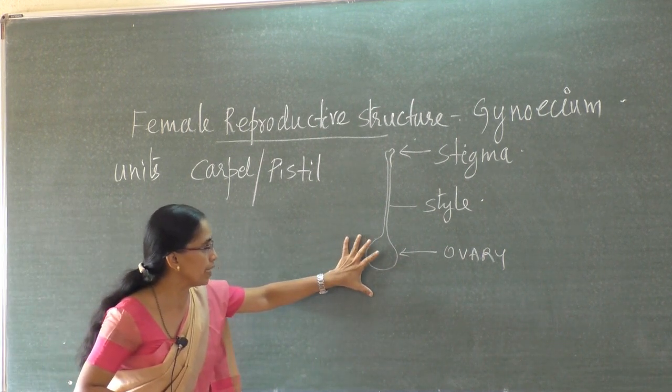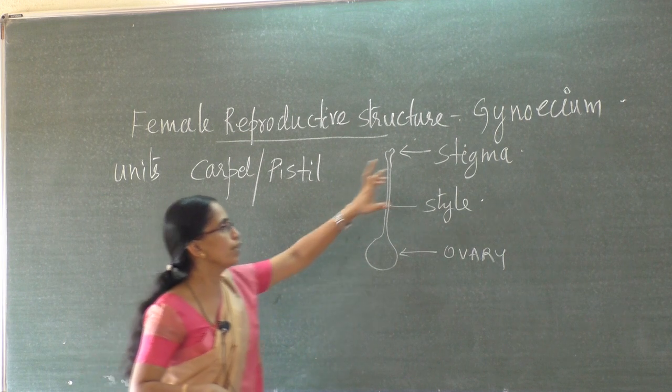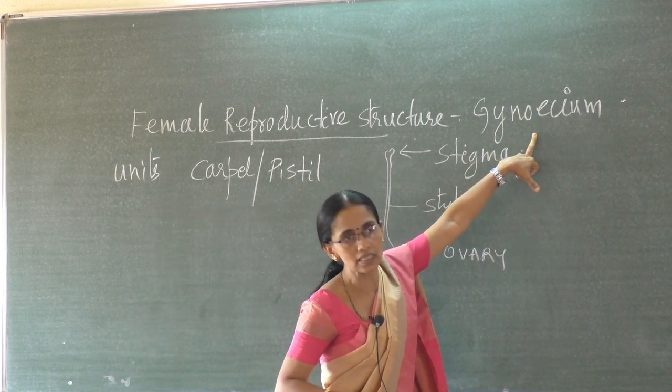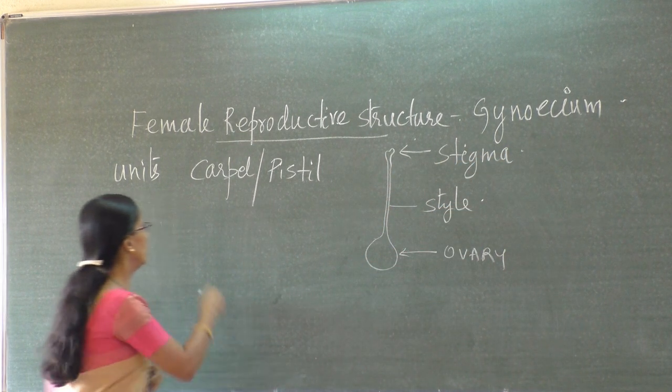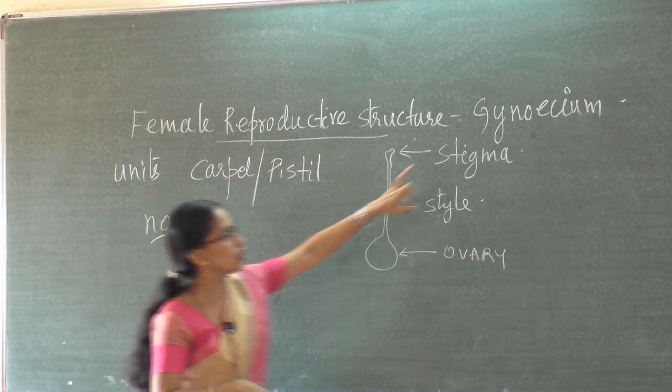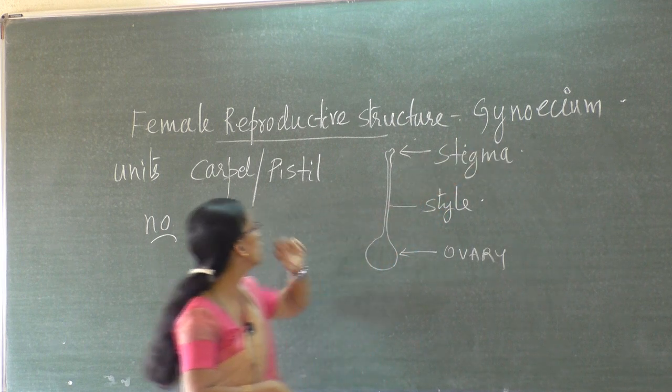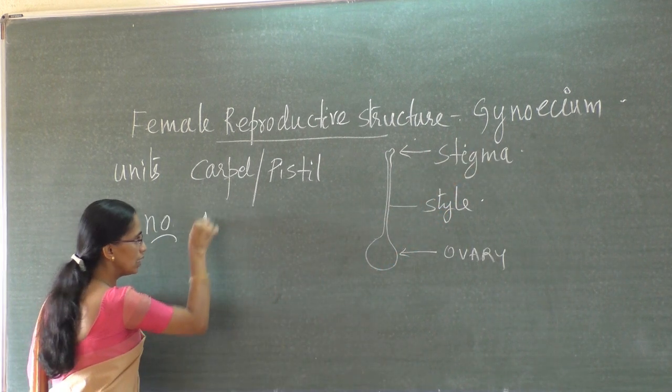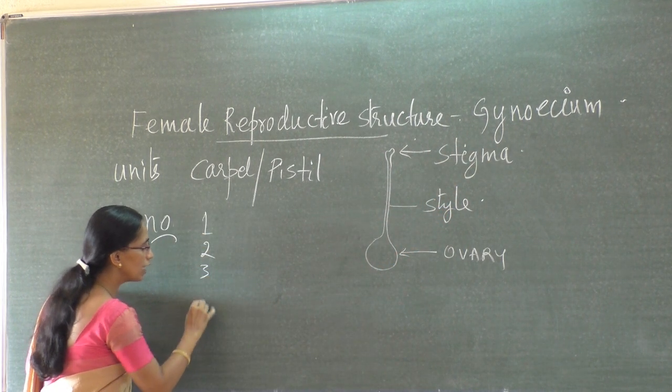The number of carpels per gynoecium varies in different flowers. It may be 1, it may be 2, 3, it may be many.